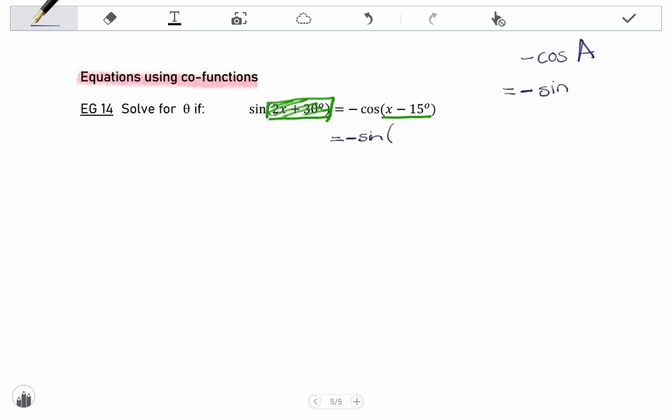What is the complement of A? It is 90° minus A. But now my angle is not A, it is x minus 15°. So in my bracket here, I will have 90° minus (x minus 15°). Pause here if you need to, compare these two and convince yourself that this is correct.